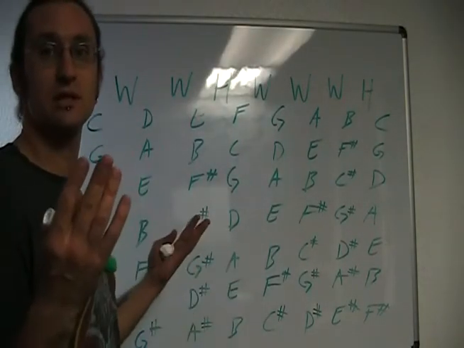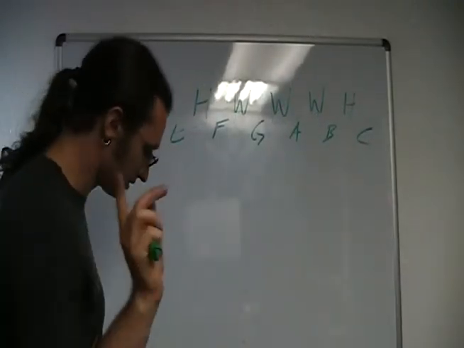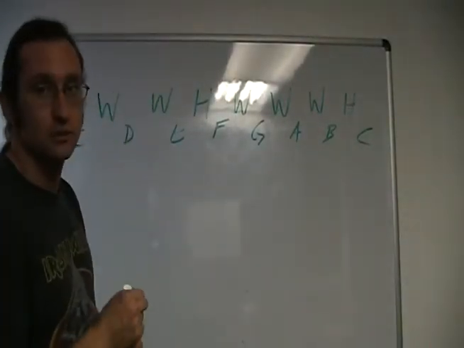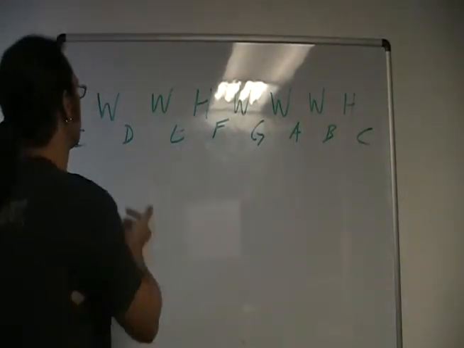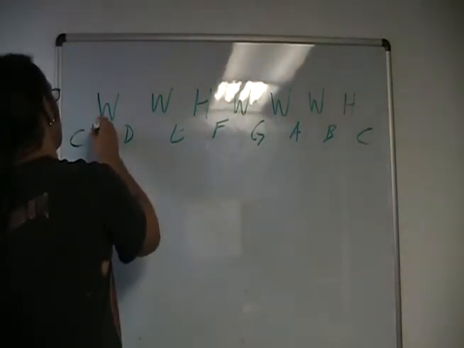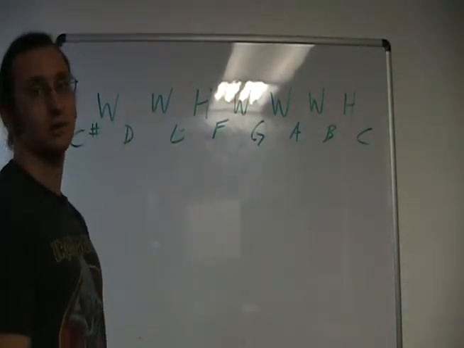So now let's look at all the keys with flats. Almost forgot, let's do one more key that has sharps in it. Key of C again, no sharps, no flats. Well, what if we sharp the root note there? Key of C sharp.